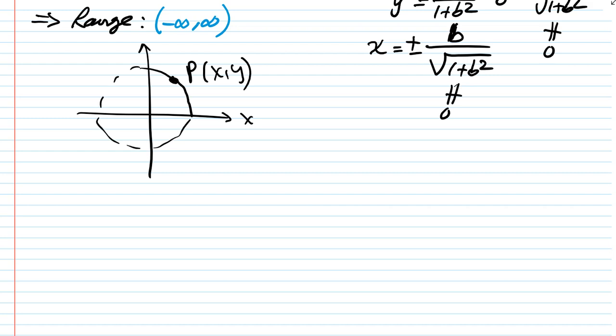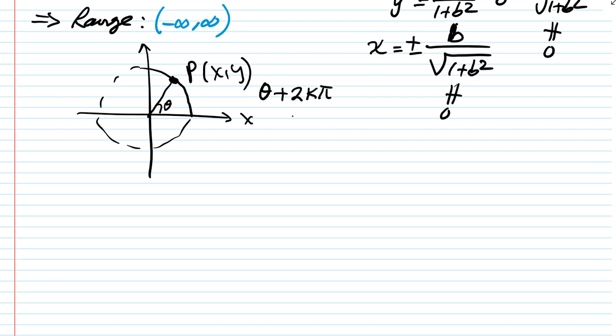Okay, so this is a point again corresponding to angle theta, right? Now it turns out that this point is identical to all the points that are also in the form theta plus 2 k pi, right?